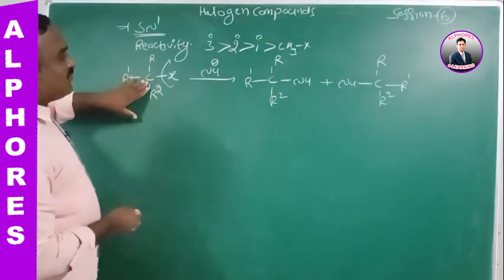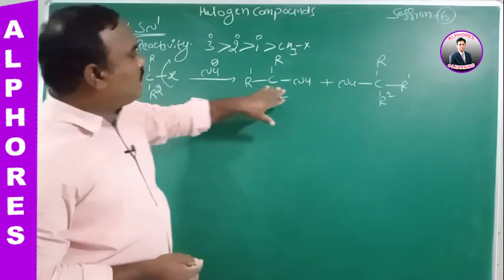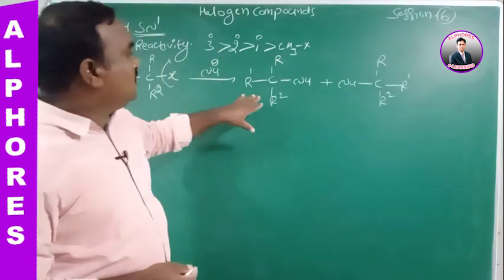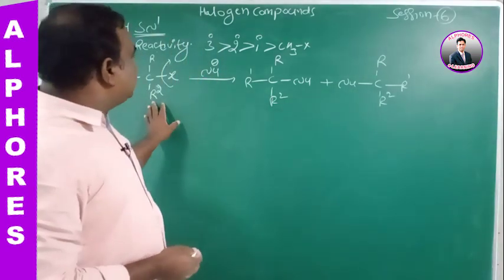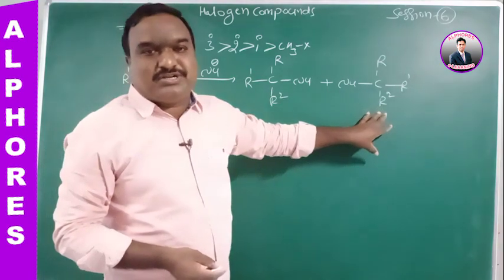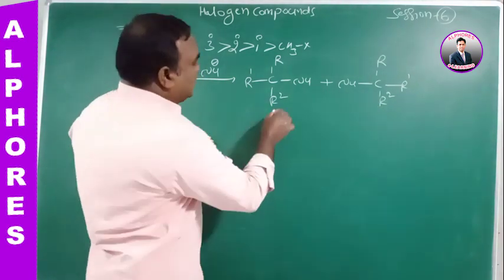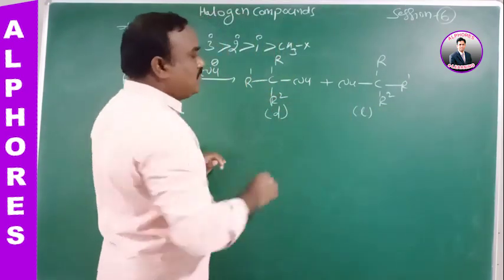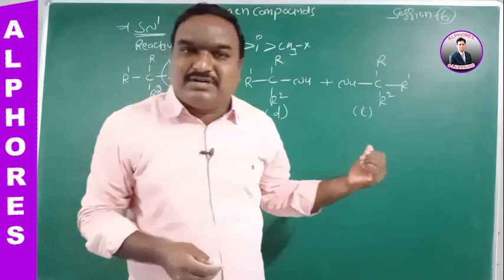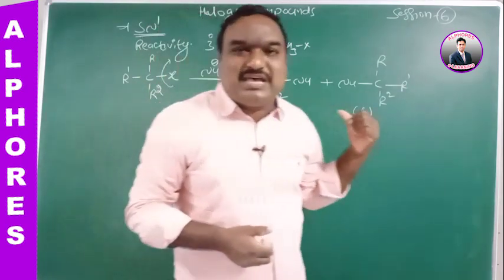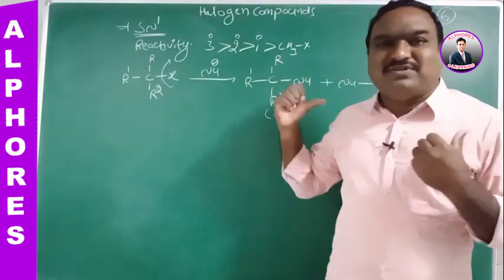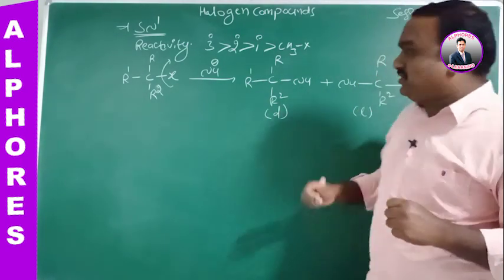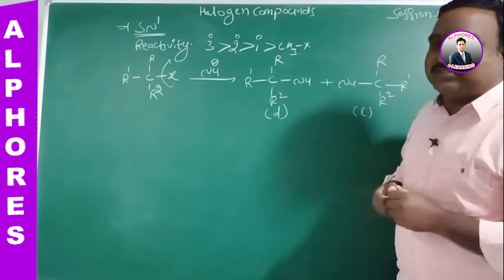Due to the presence of the chiral center, the molecules form a racemic mixture. If the reactant is carrying a chiral center, then it forms a racemic mixture: 50% D form and 50% L form, or 50% positive and 50% negative, or one having R configuration and the other S configuration.